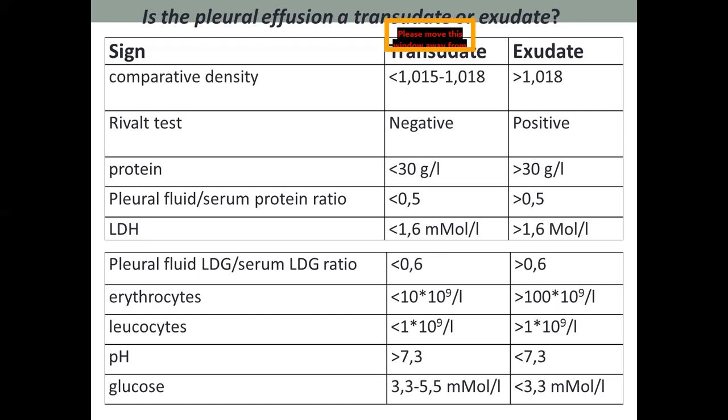And one is Rivalta test, which is done on the bedside. In this test, distilled water is taken in a tube, and a few drops of acetic acid are added to the distilled water in the test tube, and after that, one drop of pleural fluid is added to this tube.